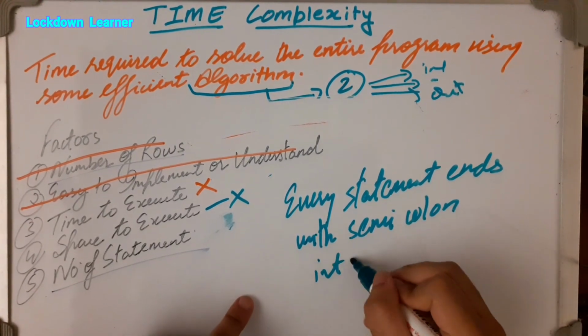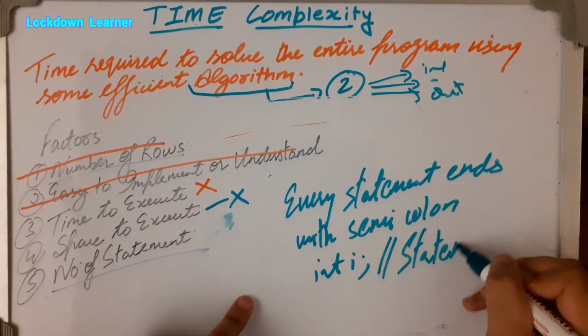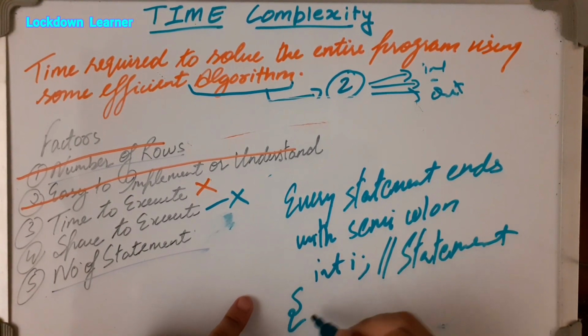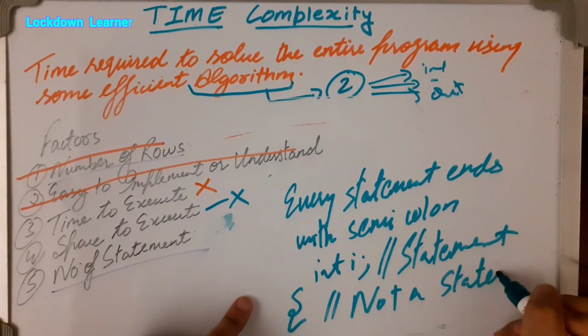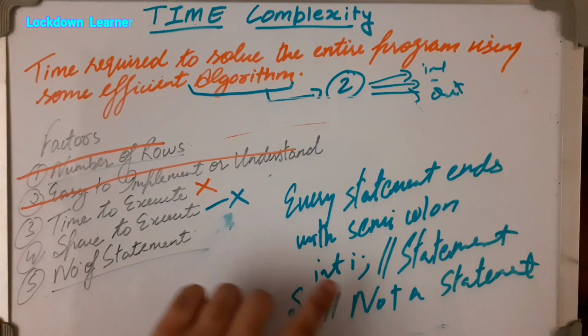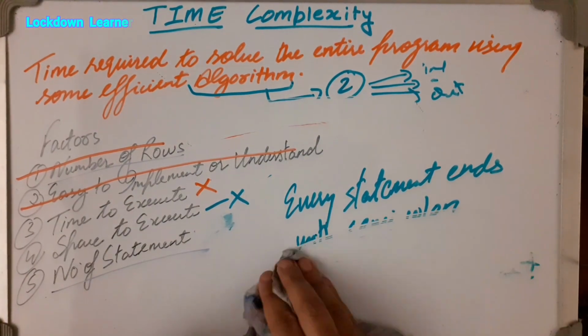If I am writing int I, it's a statement. This bracket is not a statement. When there is no semicolon, it will not be considered a statement. So our time for execution basically depends on the statements we have in a program.